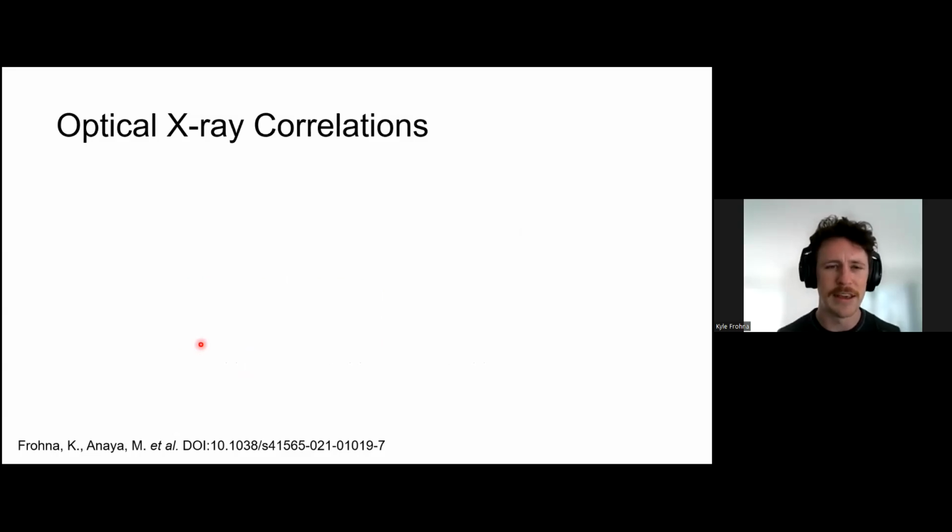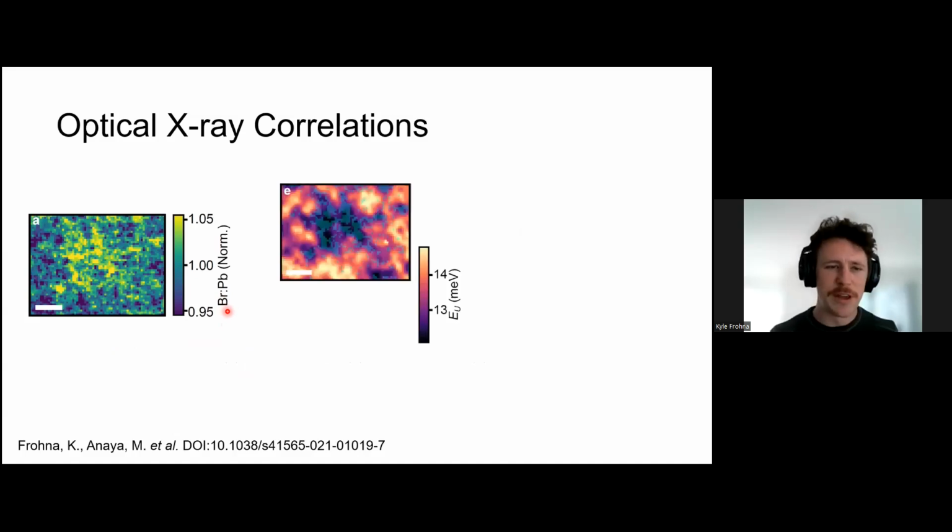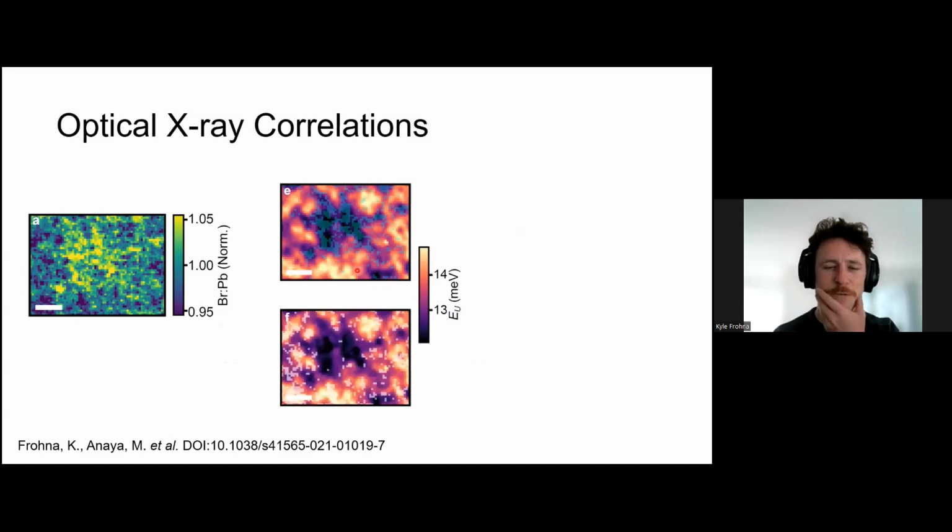So we looked at the chemistry next. Here's, again, an example. This is a ratio of bromine to lead, which I'll refer to quite a bit. When we look at the areas that are the most bromine rich, and plot them in blue on an Urbach energy map versus the areas that are the most bromine poor, now we're starting to see something, which is good. We're looking at a lot of different samples, a lot of different maps, and convincing myself.